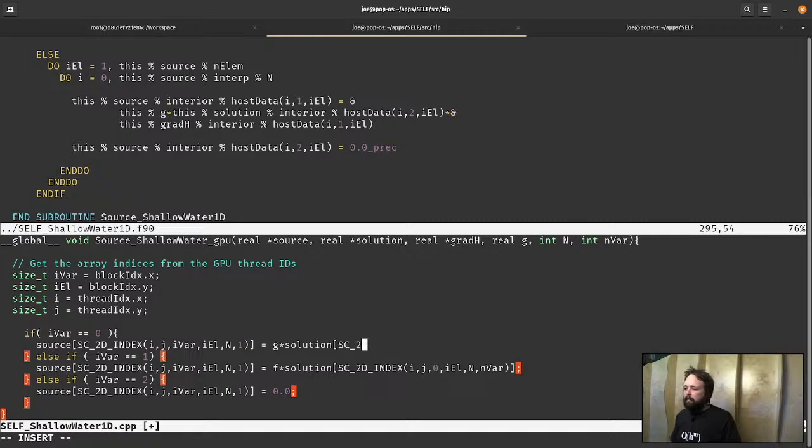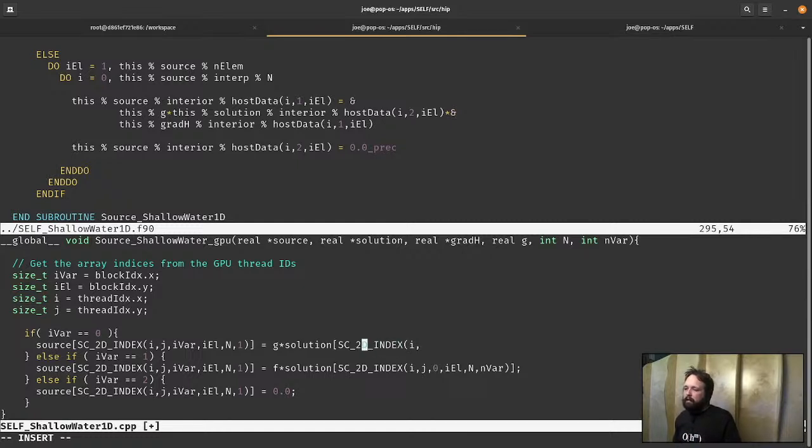I've provided through a header file these macros, this SC 2D index, etc. They're just macros that allow you to do multi-dimensional array addressing without using any special data types in C. I'm a fairly sticks and stones C programmer, so underneath the hood, all my C arrays or C pointers are just flat 1D arrays, and they follow the memory ordering that we have in Fortran. And these macros allow you to use Fortran-like addressing to pull out what you need.